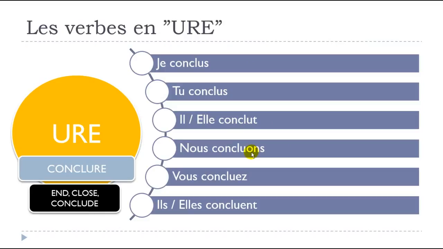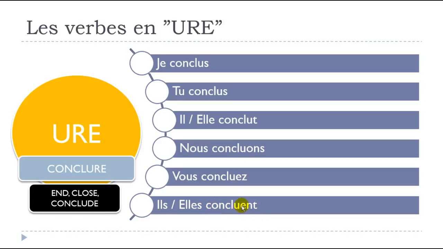The tricky thing in a way is for nous, vous, il, elle of the plural, because you don't put anything between this U and the ending. So you get concluons. Don't put any S or anything here. So it's not conclusion or conclurons or something like that. For the present form, it's concluons, concluez, and then conclu.